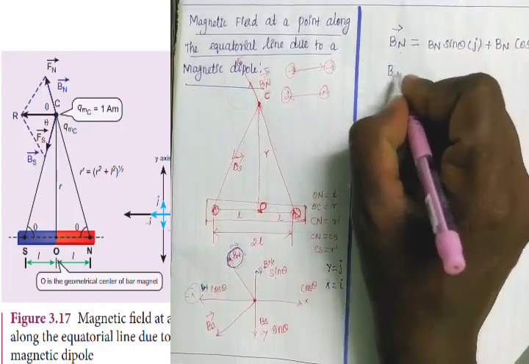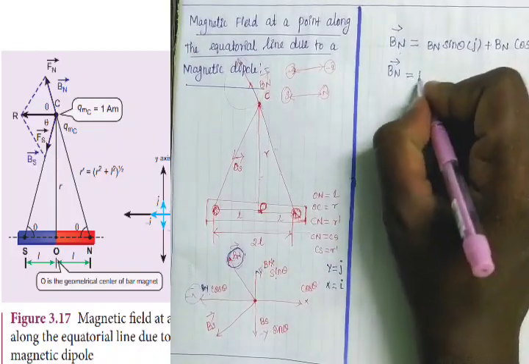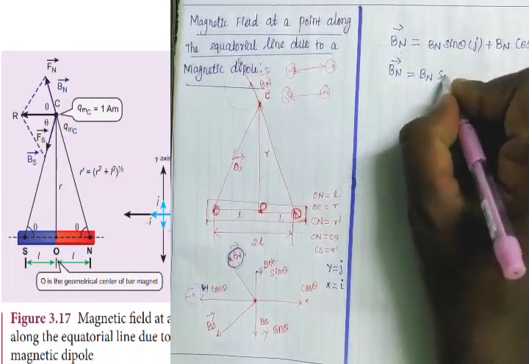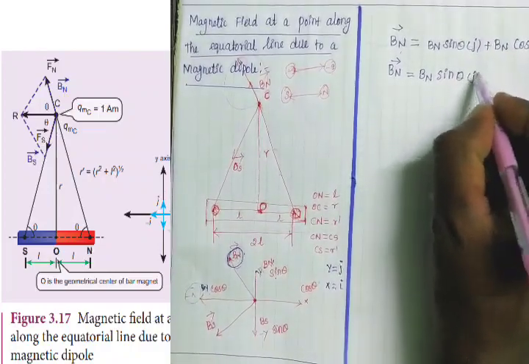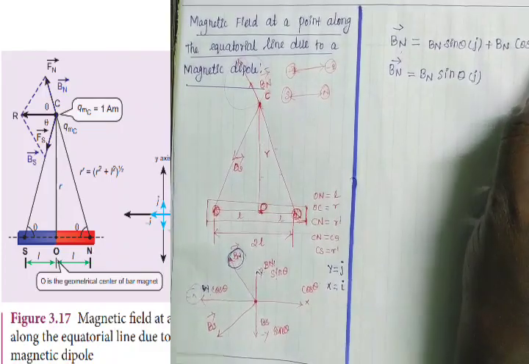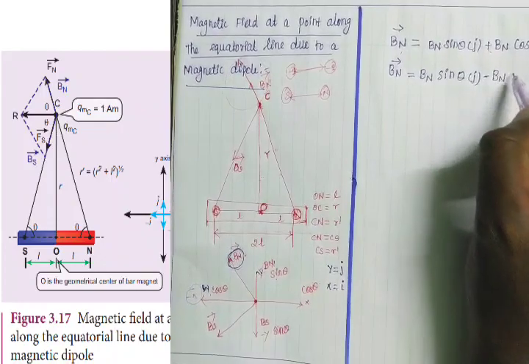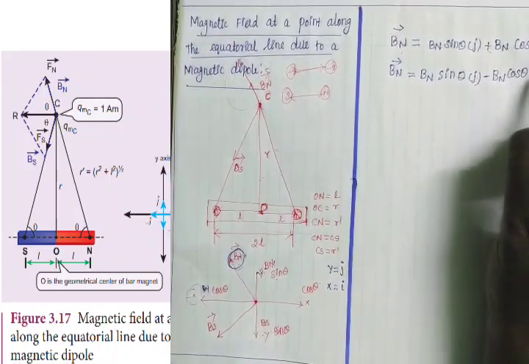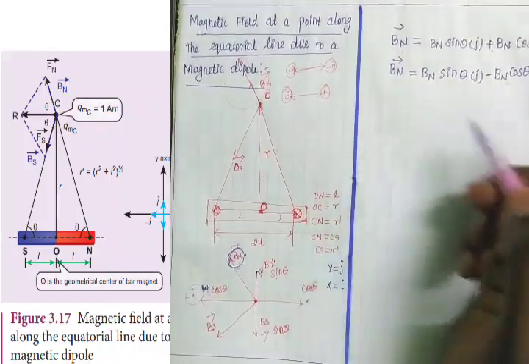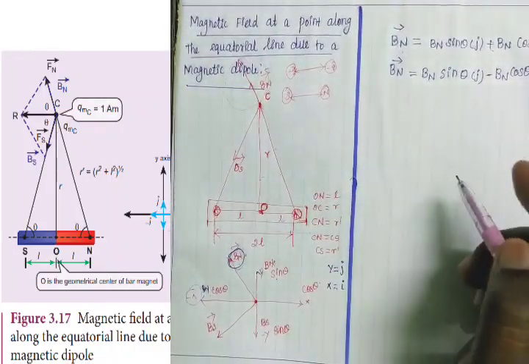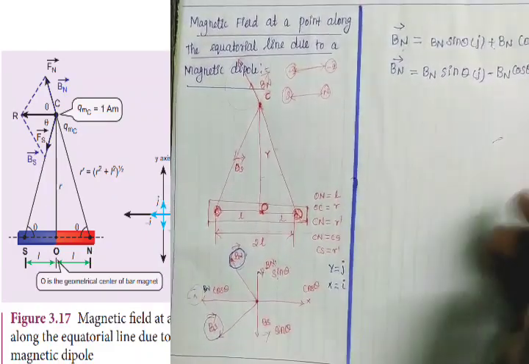So Bn vector equals Bn sin theta j minus Bn cos theta i. This is from the north pole. Next is the magnetic field at C due to the south pole.